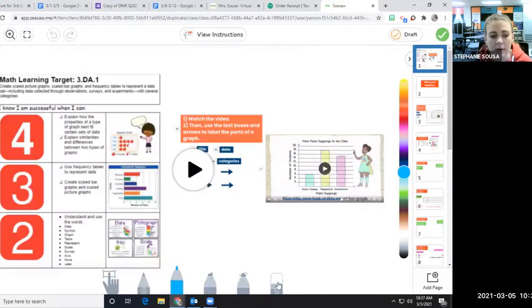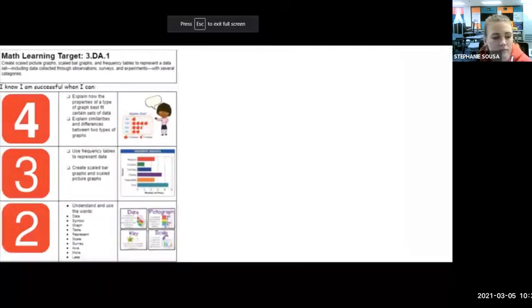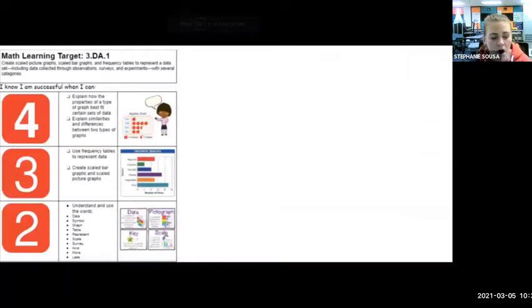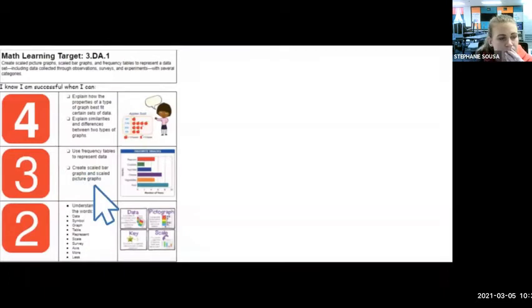As you are pulling that up, I'm going to play our success criteria for you. Here is your goal for today. Today, our main focus is continuing to be able to use frequency tables to represent data and create scaled bar graphs and scaled picture graphs. We'll also be creating a line plot from data today.